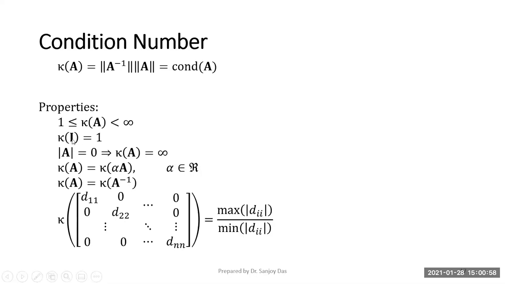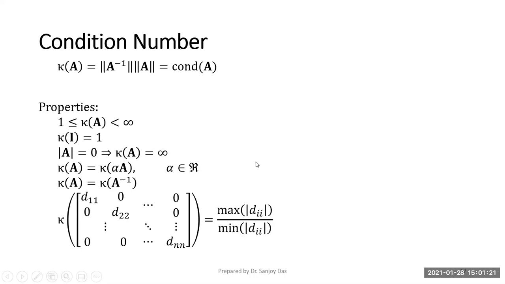That actually tells you why the condition number of the identity matrix is 1, because D11, D22, all the way until Dnn, all these diagonal elements will be the same, 1, right? And therefore the ratio shall be 1. So these are properties of the condition number.